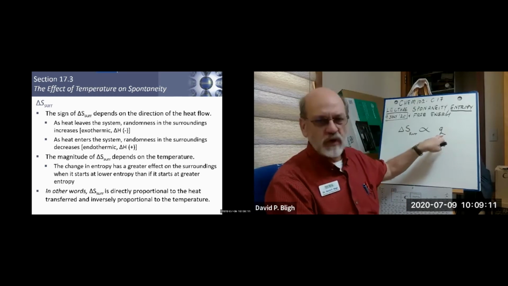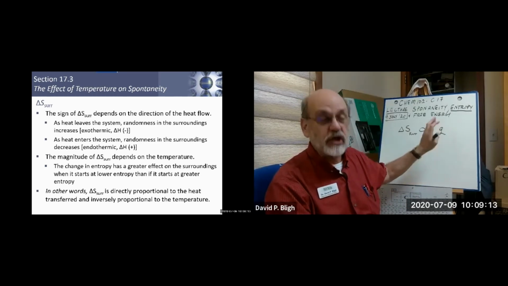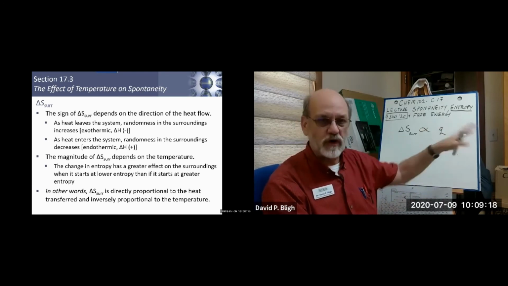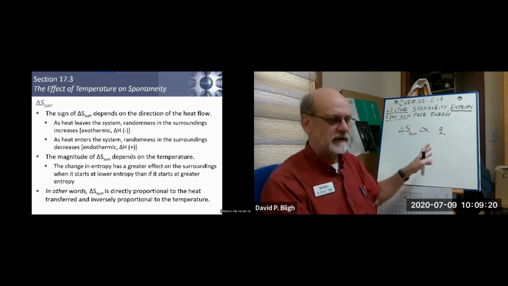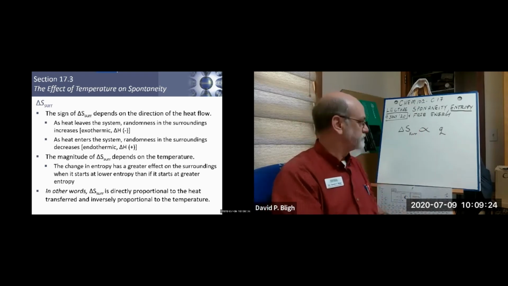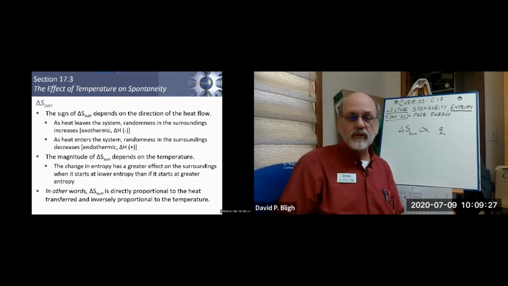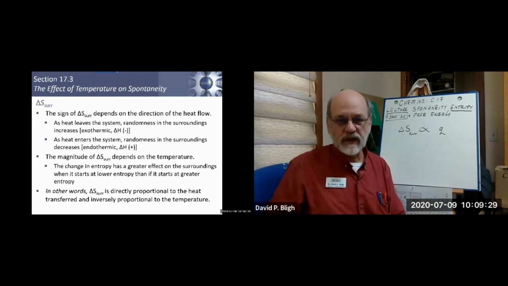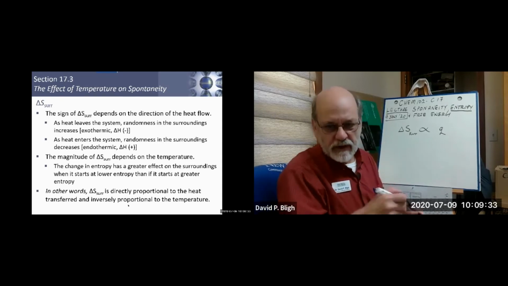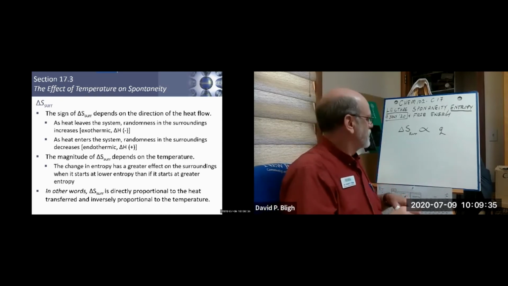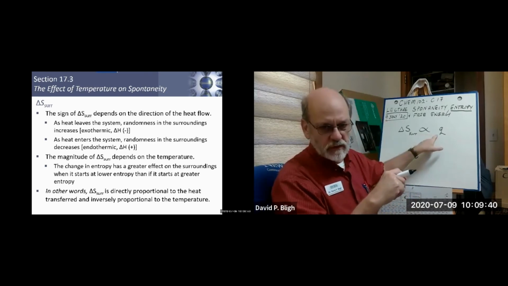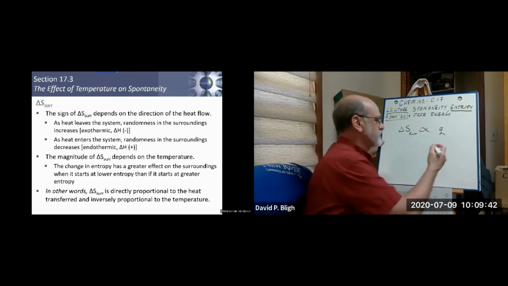But the Q says that you can monitor the change in heat transfer from system to surroundings without regard to pressure or volume. If you introduce pressure or volume, then you're stuck with delta H. So it's directly proportional to Q and inversely proportional to temperature.